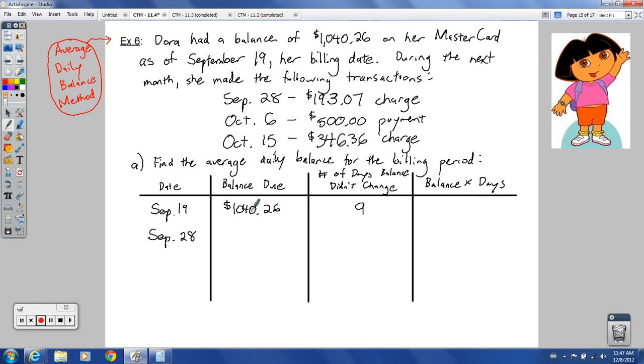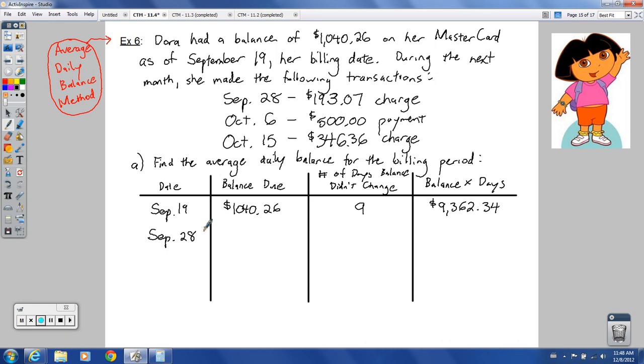If we take this number times this number, this is what I got for that. You can just double check me. And I got this value right here.